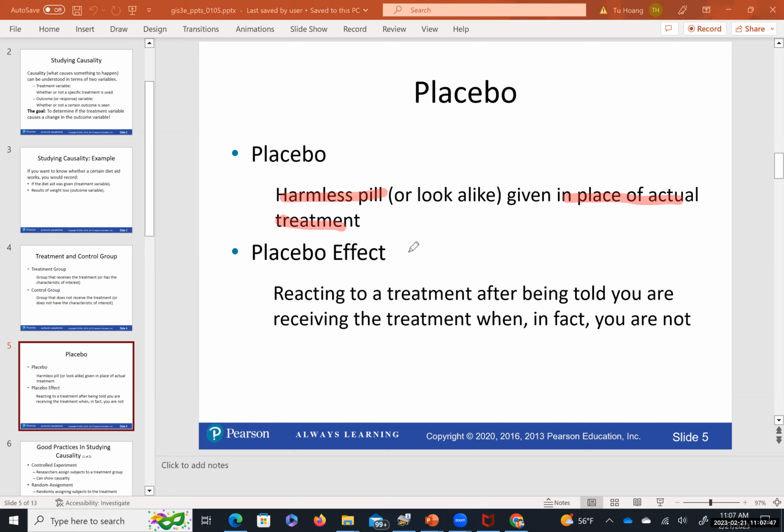So the placebo effect is reacting to treatment after being told you received the treatment, when in fact you did not. So let's see the next slide.